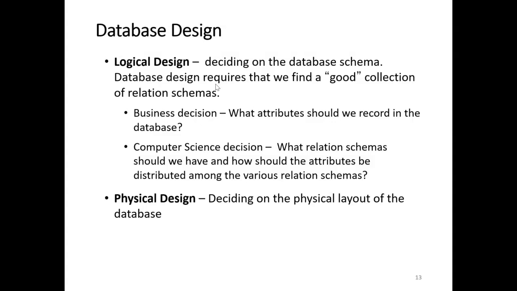In our logical design, we also have two considerations. One is the business needs: what attributes, or what kind of data, the business needs to store in the database. Second, we also need to consider the computer science requirements, meaning how we can organize data into different schemas so that they represent a good organization of the data.